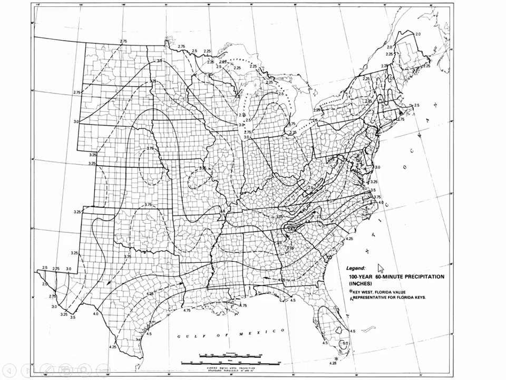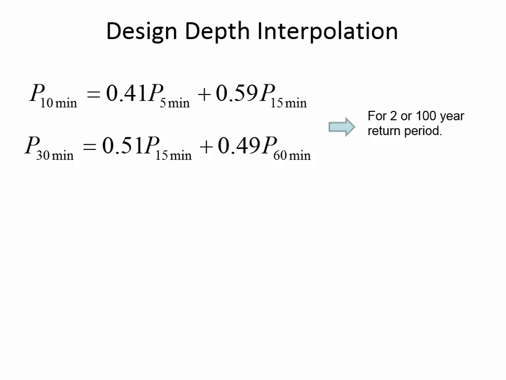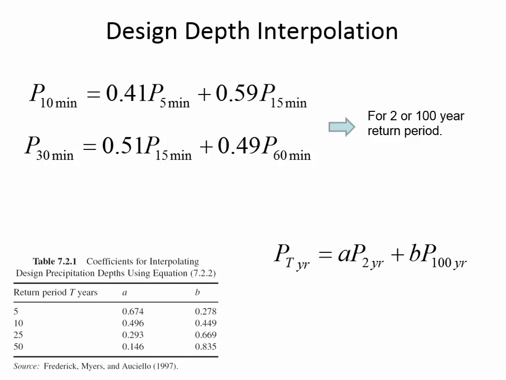This next figure is showing the 100-year, 60-minute storm. And so you can actually interpolate all the other year depths from, if you know the 2-year storm and the 100-year storm, you can sort of get an idea of what the rainfall behavior is in between that. This is showing how you can interpolate. If you know the 2-year depth and the 100-year depth, then you can interpolate the 5, 10, 25, and 50.